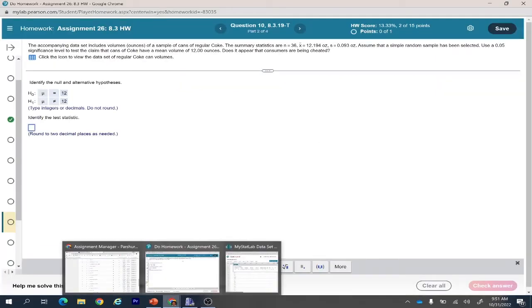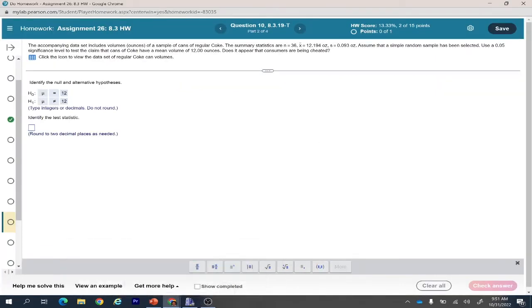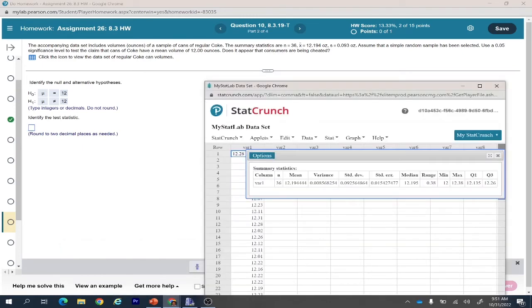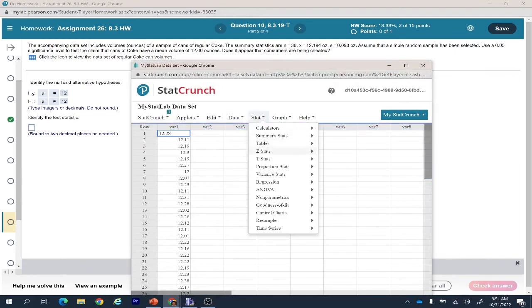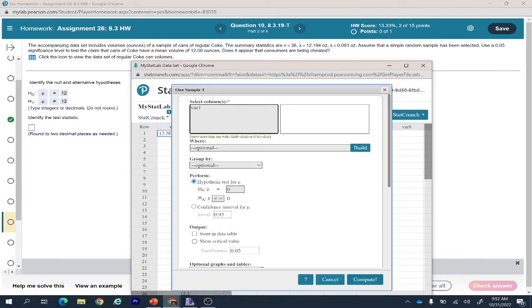Or you can also use StatCrunch. So I'm going to use StatCrunch here. How do you do that? It's already copied in StatCrunch. Go to Stat, go to T Stats, One Sample, With Data, click it, and select the first column, which is variable 1.